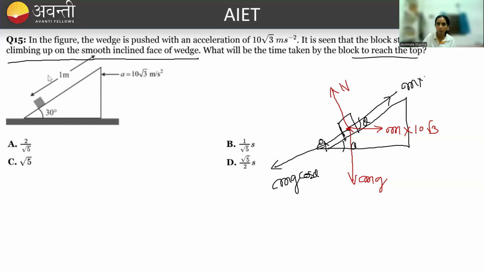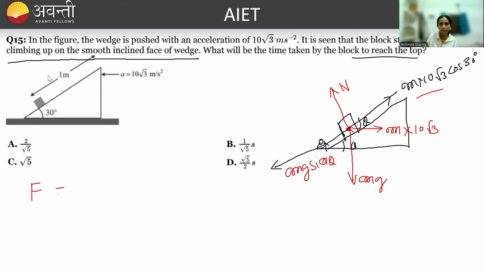So m into 10 root 3 cos 30. Here theta is 30 degrees. Sorry, the mg component along the plane will be mg sin theta. Let me write it here clearly. This is mg sin theta. Now, if the block is moving up the plane, it means the upward force is greater than the downward force.